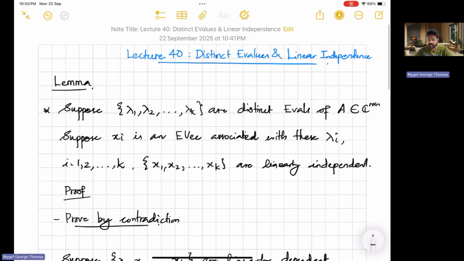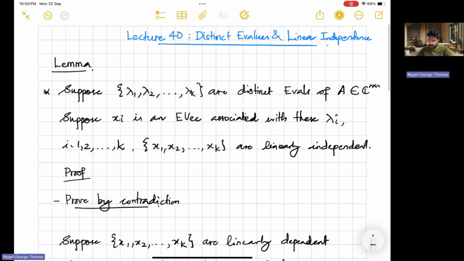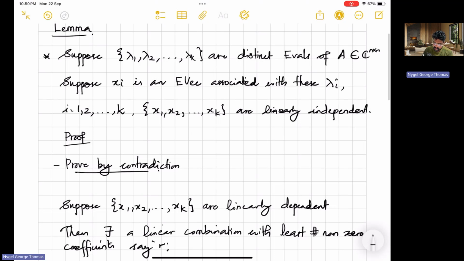Okay, in this lecture, we look at one of the results which we discussed in the previous lecture. It says that if we have k distinct eigenvalues of a matrix A belonging to C^(n×n), and xi are the eigenvectors associated with eigenvalue lambda i, where i varies from 1 to k, then the set of vectors x1, x2, etc., xk forms a linearly independent set.